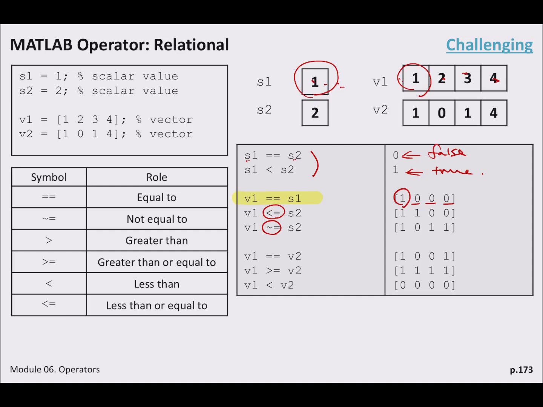V1 is smaller than or equal to S2. S2 is the 2, right? So 1 is less than 2, right? 2 is equal to 2, that's why it's true, otherwise 0. Okay.